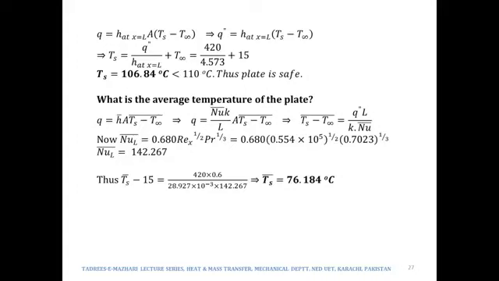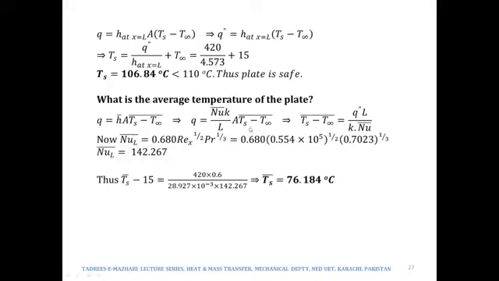And then they were also asking to calculate the average temperature of the plate. If you recall, we had discussed this previously in the previous slides, where Q is h bar A times Ts minus T infinity averaged, and then h bar can be written as Nusselt number times k over L, using Nusselt number is equal to hL over k.